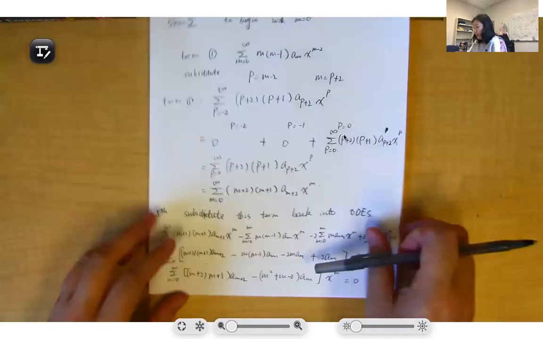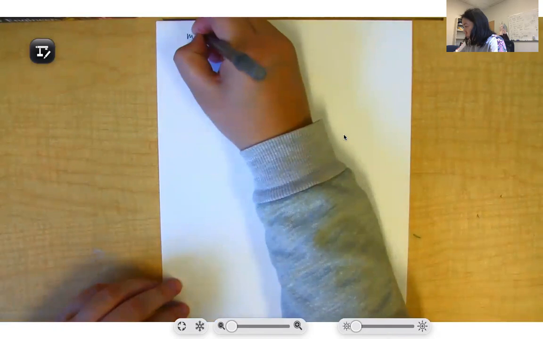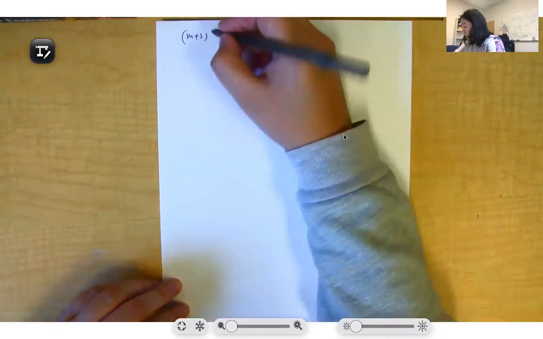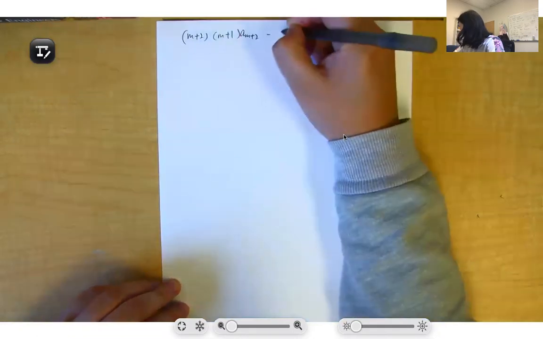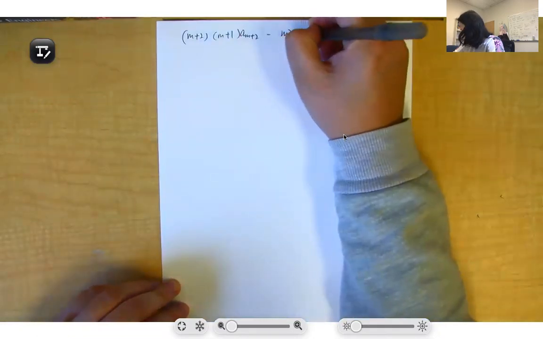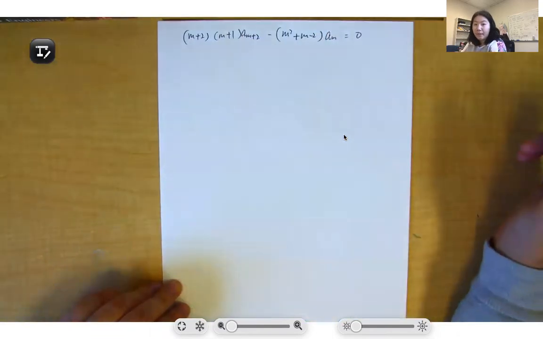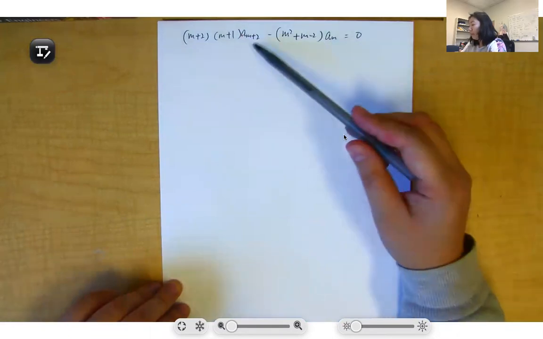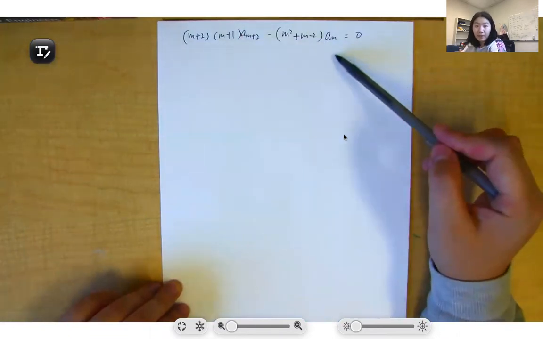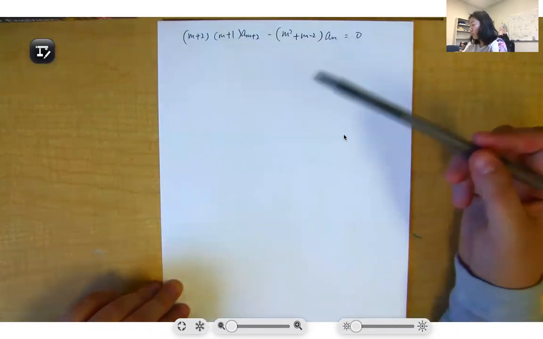That means we have (m+2)(m+1) a_(m+2) minus (m squared minus m plus 2) a_m equals 0. Then based on this equation, we can find the relationship between a_(m+2) and a_m. Then we can solve our power series general solution, the homogeneous solution.